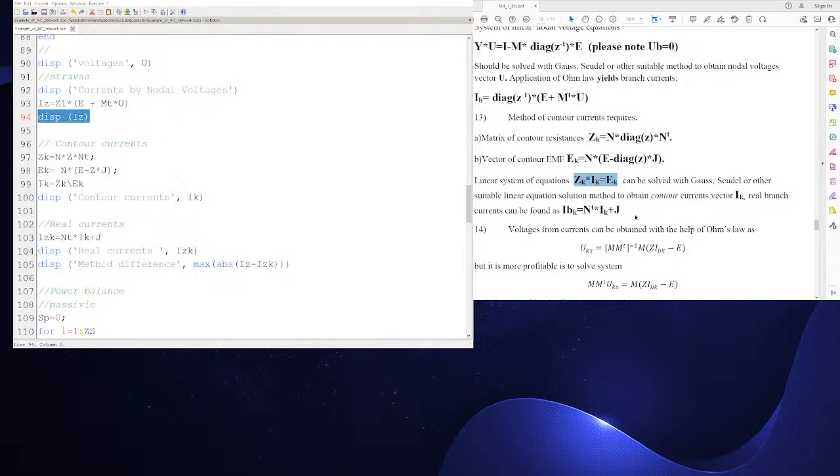Real currents I can easily obtain with the help of the transposed second incidence matrix. Where is my code? Contour resistance matrix, contour EMF vector, and solution with the help of the built-in Gauss technique. This is it. Gauss.